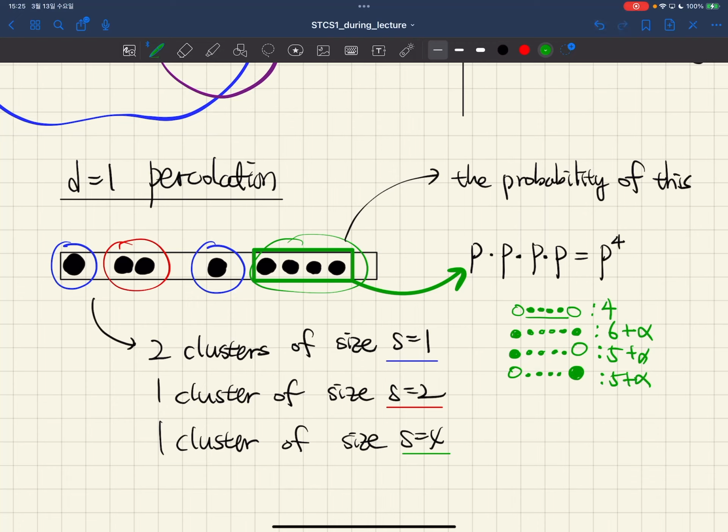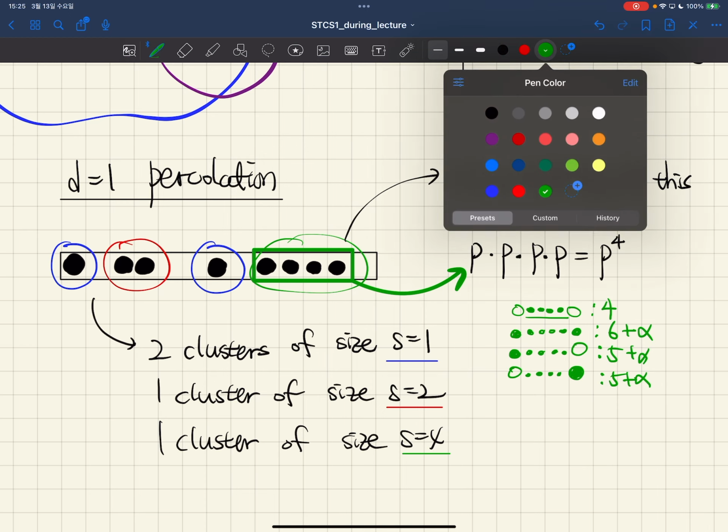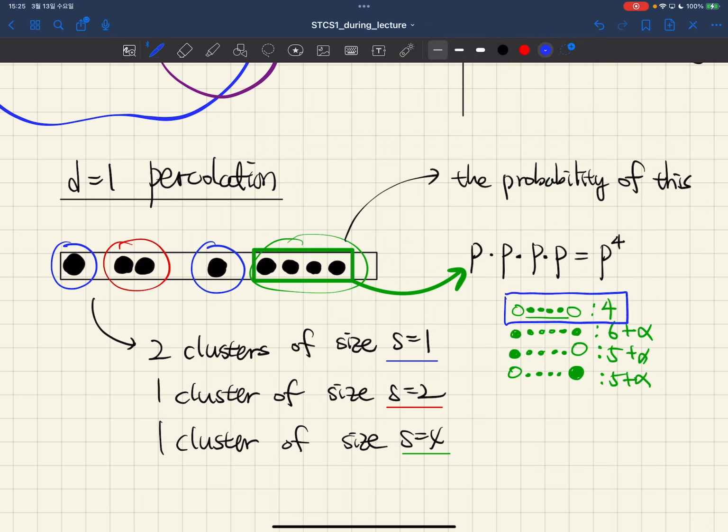So to have a cluster with exactly 4 sites, we have to pinpoint this particular case. It means that along with the 4 occupied sites in the middle, we have to have these unoccupied sites right outside of this cluster.